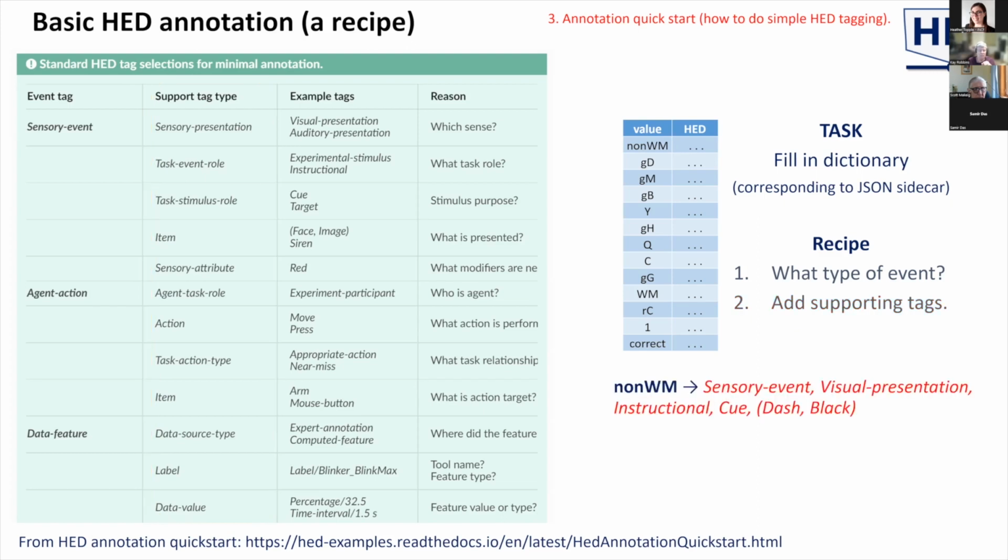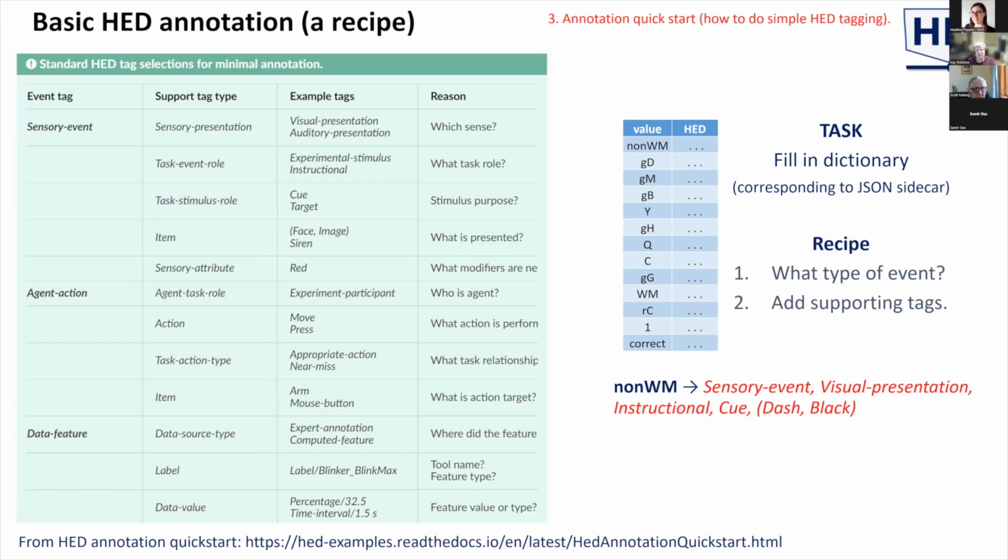So if you look at these examples, this non-working memory event is the dash after the letters are presented in the Sternberg data.